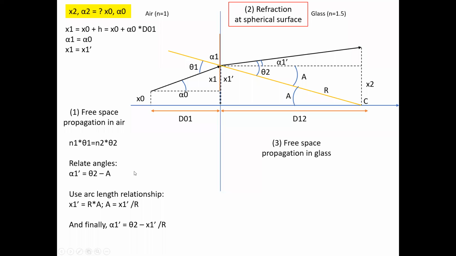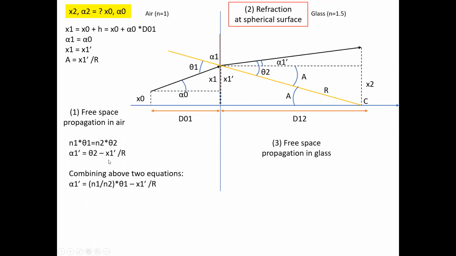And finally, we go back to this equation and replace A, and we get x1 prime over R. So alpha 1 prime equals θ2 minus x1 prime over R. Okay, so we save that equation over here and then go forward.